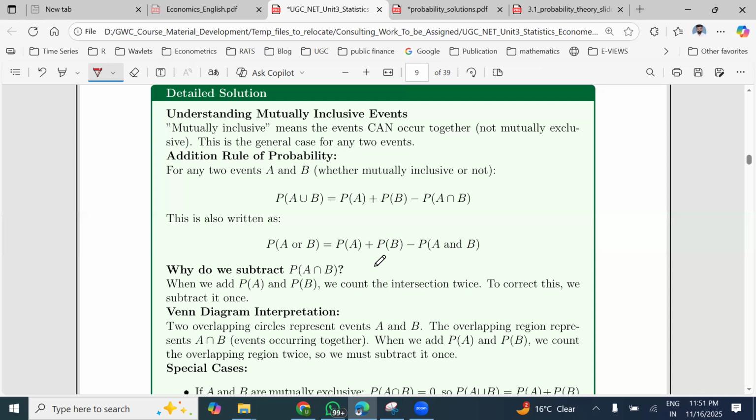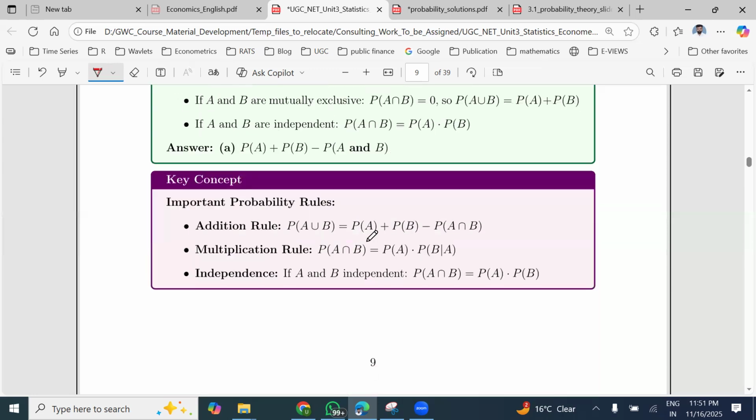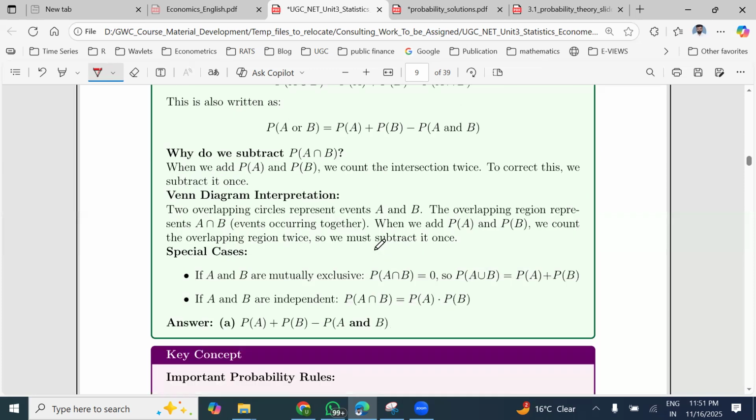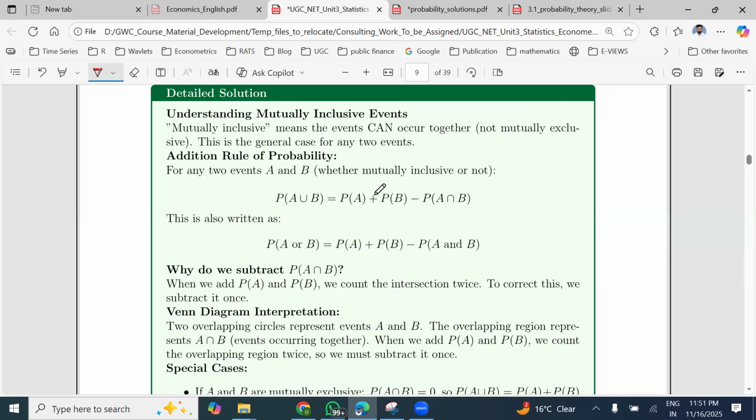Yes or not? So, Sangeeta, you know this. We are talking about the addition rule. So we also write it like this. You can see over here. Remember this. Then if you ask why do we subtract A intersection B? Because when we add P(A) and P(B), we count the intersection twice.